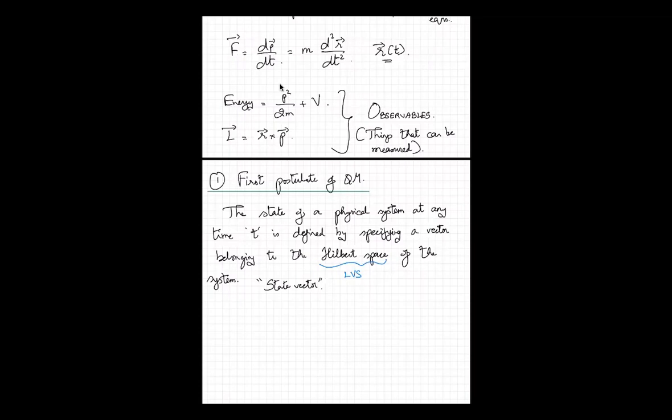Now, this is something that is very off-putting, right? So what is the Hilbert space of the system? What is the linear vector space that corresponds to the system? What is this state vector? These are all questions that we will define and answer as we go along. So to give you a rough example, suppose I take the spin as my measurement. Suppose I want to ask the question, what is the spin of the electron? Okay.